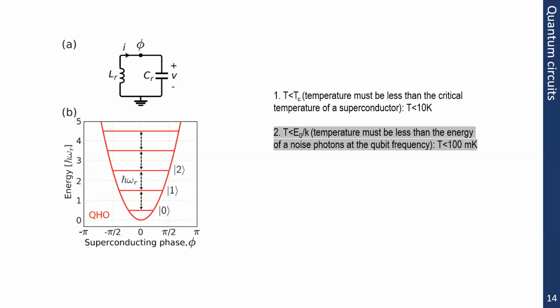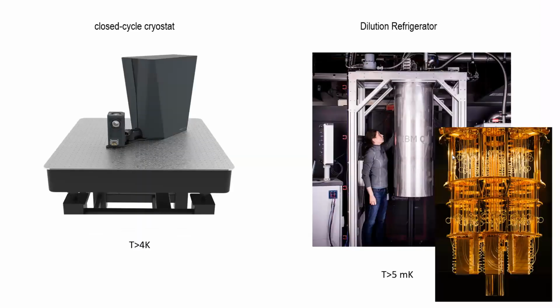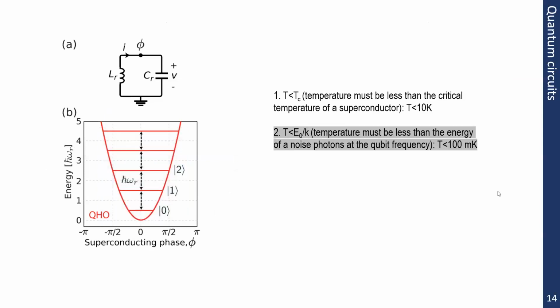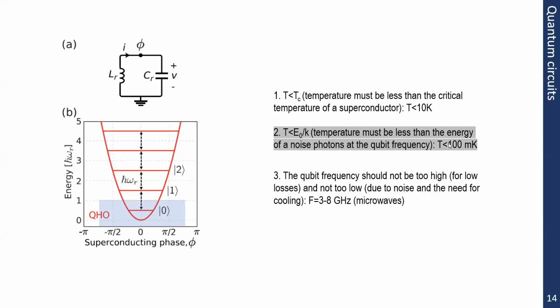So 1 Kelvin still produces too much noise, and we have to cool it down to below 100 millikelvin. That's why we use systems like this. Below 100 millikelvin is the temperature at which we must work if we want to achieve quantum response in superconducting qubits.